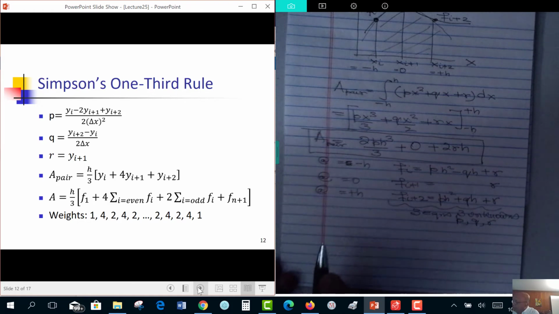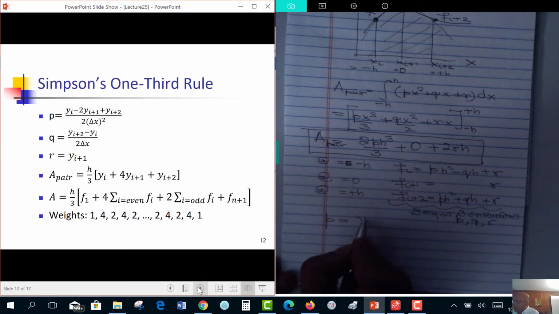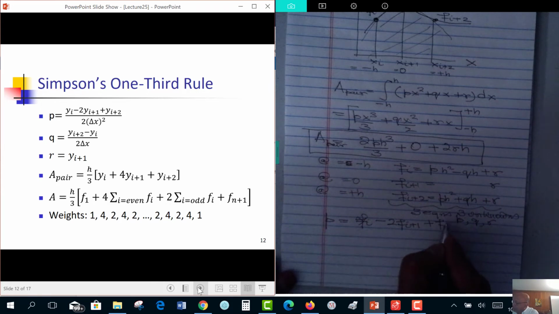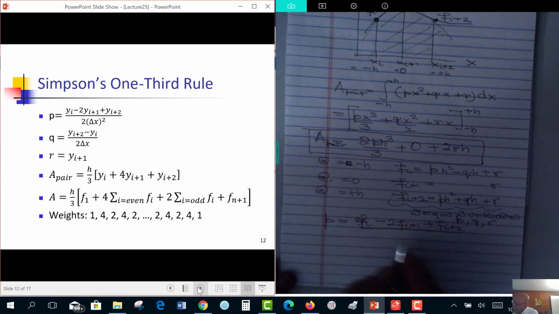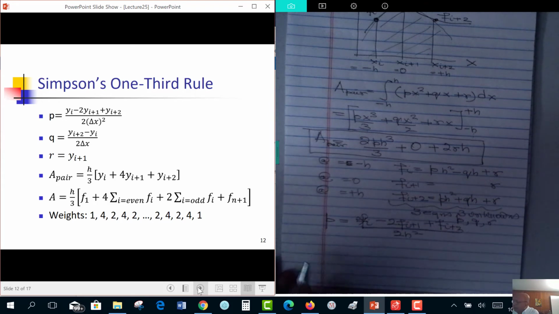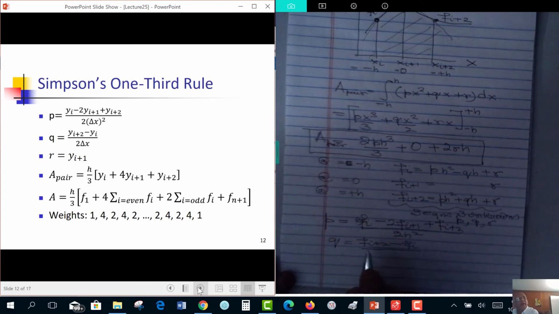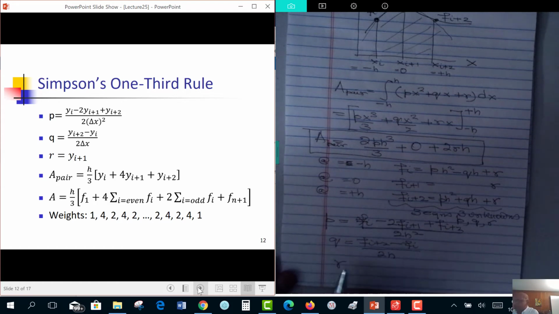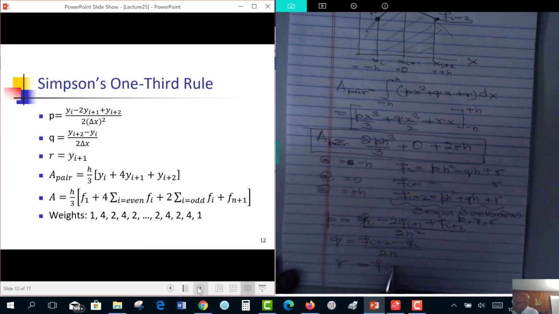So we will find out that p is equal to fi minus 2fi plus 1 plus fi plus 2, over 2h squared. q we will find out is fi plus 2 minus fi over 2h. And r you just found out was fi plus 1.